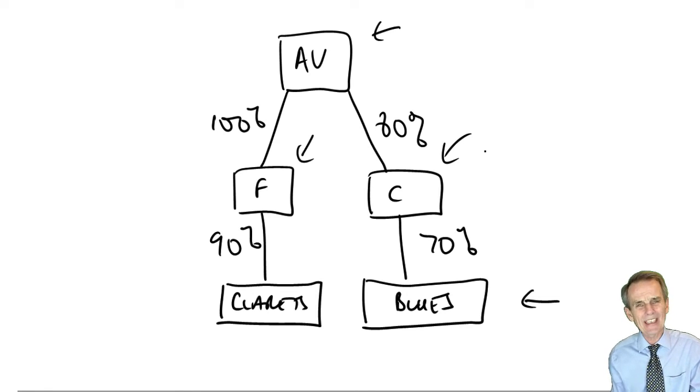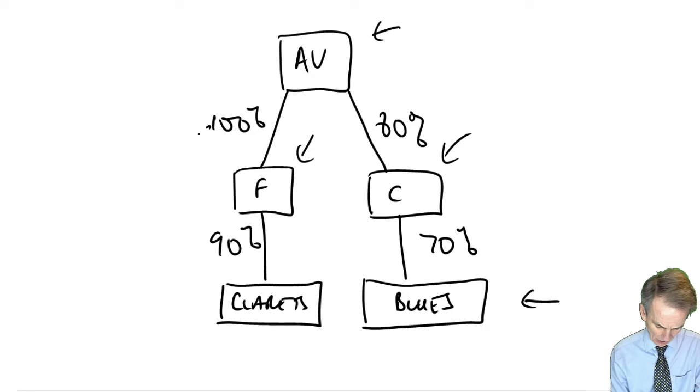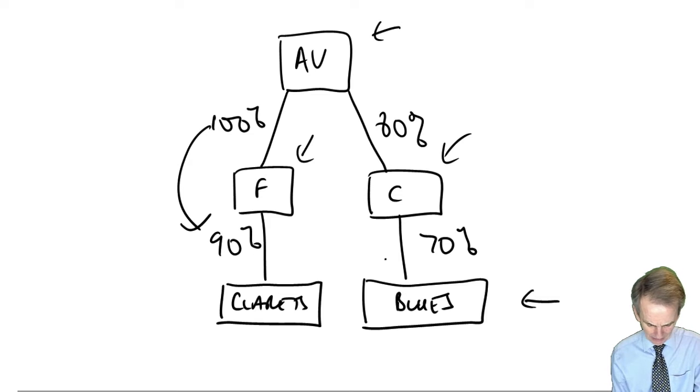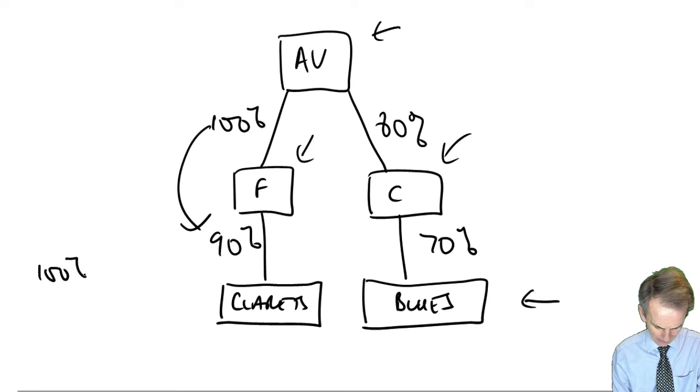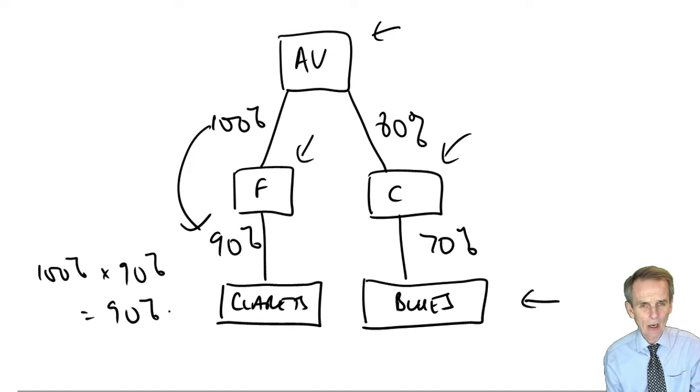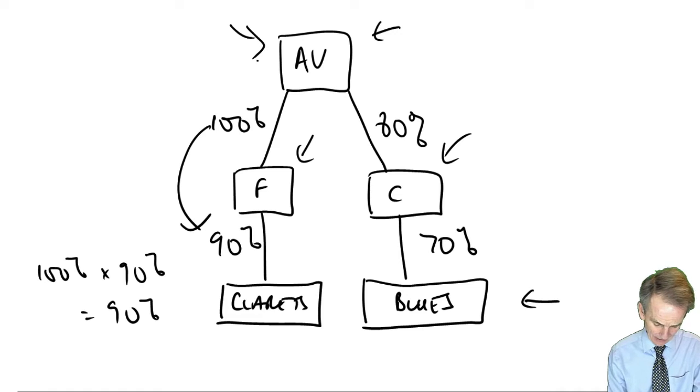But we then get the indirect, the sub-subsidiaries. Now, this is where, as the note has just told us, we need effective 51% holding. So, 100% of 90%, I don't really need to write this out, but that would equal 90%. So the indirect holding from AV into Clarets is 90%.